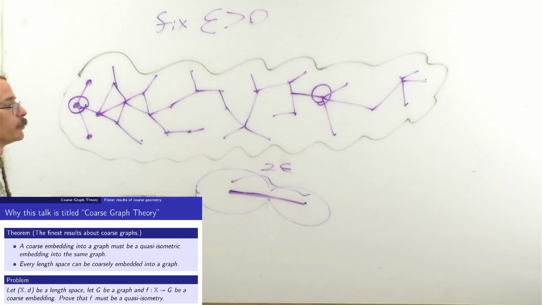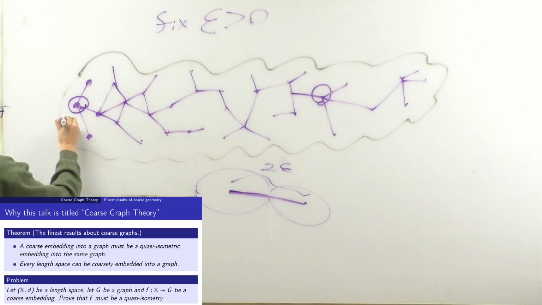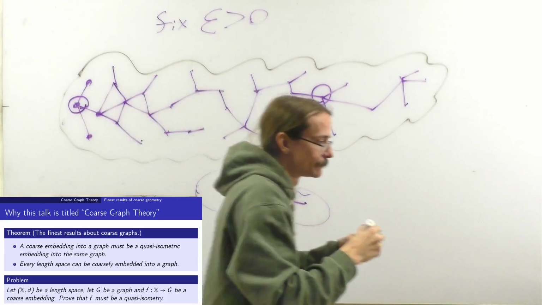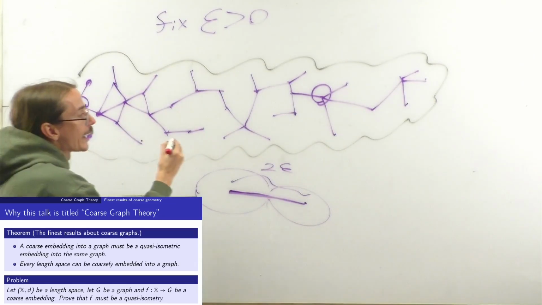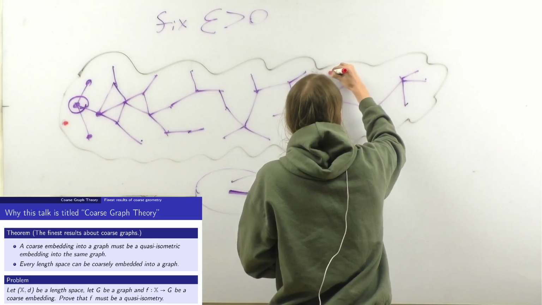Well, I guess I shouldn't pick points in the space that are vertices I've dropped, huh? Maybe instead let's take this point right over here. I should do this in a different color. Let's take this point right over here and this point right up here.